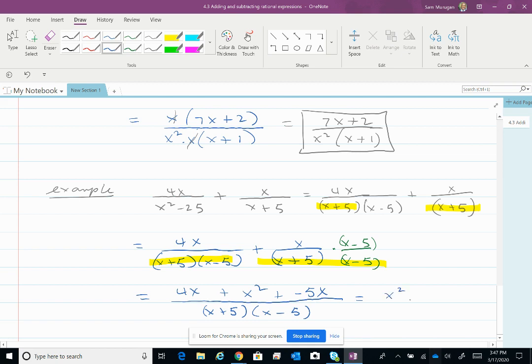So this is x squared minus x over x plus 5, x minus 5. Now, there's a lot of discussion on if we should factor out x in the numerator, but factoring out x in the numerator would not serve any purpose, because it will not cancel with anything in the denominator. So this is a great answer.